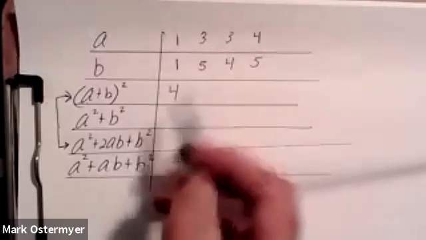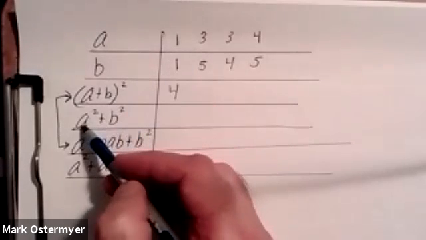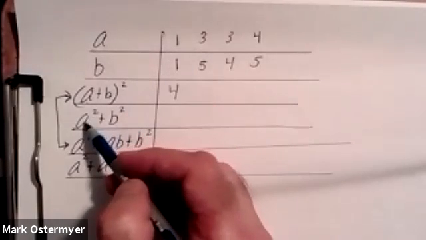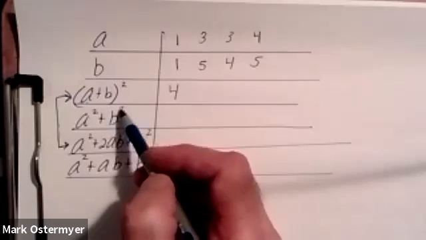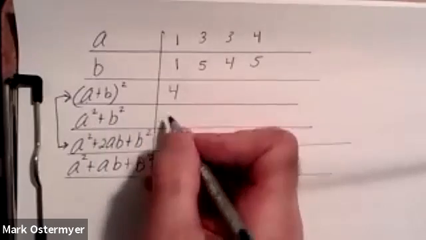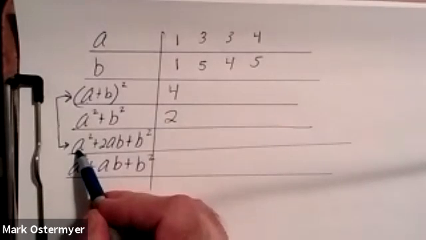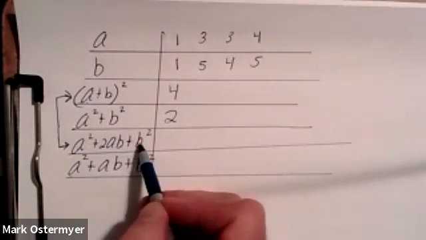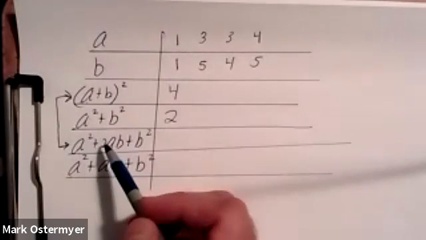4. Now down here, I replace A with 1, B with 1. What's 1 squared? That's 1. And 1 squared is 1. 1 plus 1 is what? 2. Now down here, we replace A with 1 and replace B with 1. 1 squared is 1.